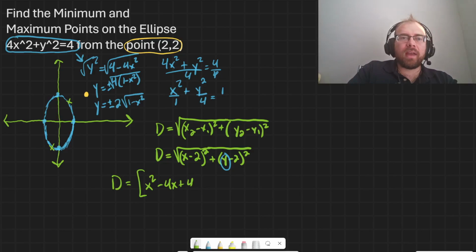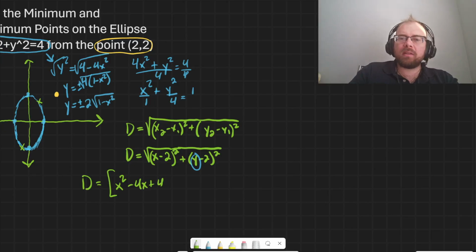And then over here, that y value is plus or minus. I'm going to be squaring it though, so let's do the positive half.